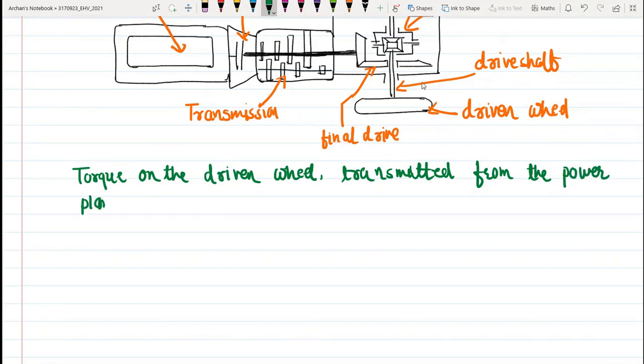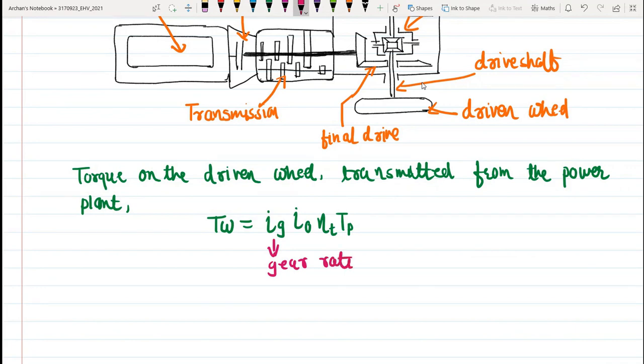Power plant is engine or electric motor in our case. Okay. It is given by TW is equal to Ig i0 ηt Tp. Okay. So this Ig means it is the gear ratio of the transmission.